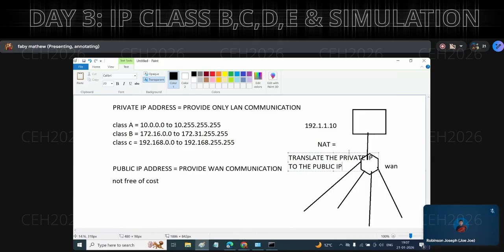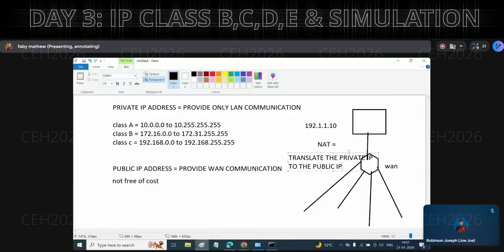So in your device, the public IP is configured, and that particular public IP serves each and every user who is using the internet in a particular area.